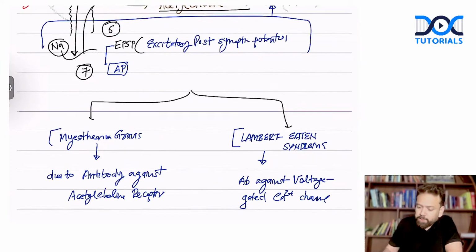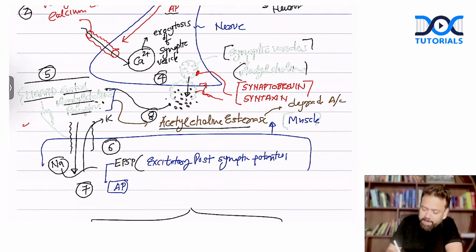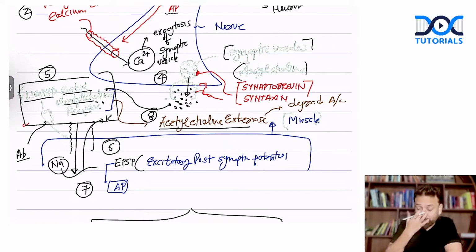Now look into the diagram. When I was talking about myasthenia gravis, it was due to antibody against which channel? Ligand gated acetylcholine channel. So if antibodies are damaging ligand gated acetylcholine channel, that will be myasthenia gravis.